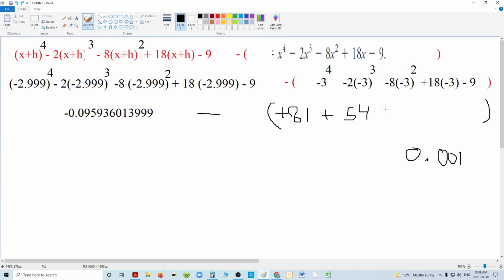Negative 3 squared is 9 times minus 8 is minus 72. Negative 3 times 18 is minus 54, and then minus 9. Now, to apply this, I have to change all the symbols. To get rid of this bracket, I have to change all the symbols to the opposite.